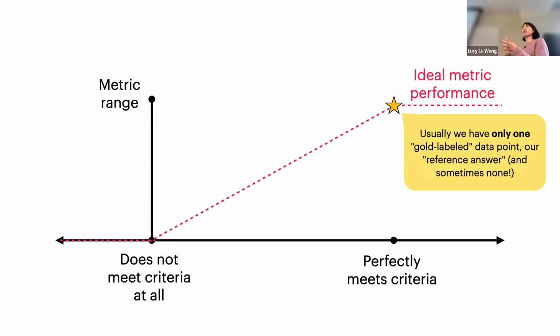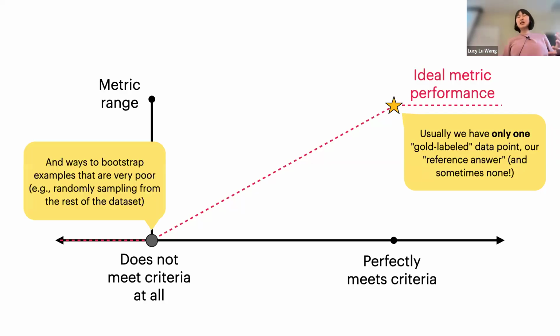And we're already kind of using that as a proxy for what it means to perfectly meet our criteria. But we can place it on the upper end of this curve. And then maybe in some cases, we're able to bootstrap extremely poor examples that don't meet the criteria at all, maybe through random sampling or other kinds of negative sampling.